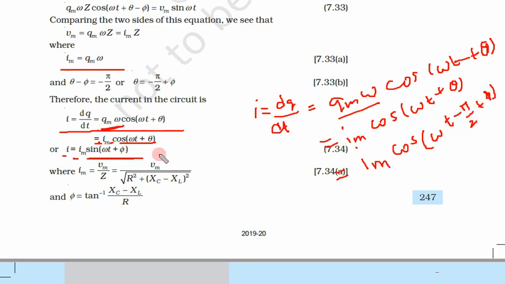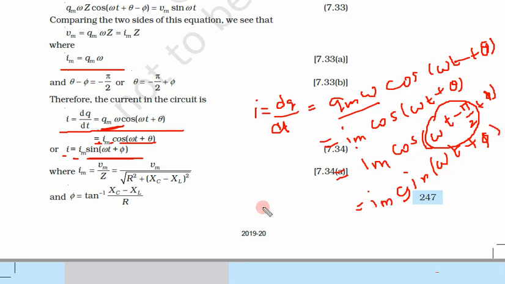As we have seen in the previous identity, cos theta minus pi by 2 is equal to sin theta. So we get Im sin omega t plus phi. This omega t minus pi by 2 has been converted into sin, so I is equal to Im sin omega t plus phi.